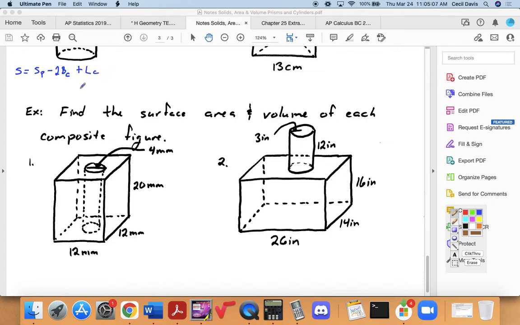All right, so I need to find the surface area of the prism. For the prism, the perimeter of the base is 12 times 4, which is 48. The area of the base is 12 times 12, which is 144. For the cylinder, the circumference of the base is going to be what?